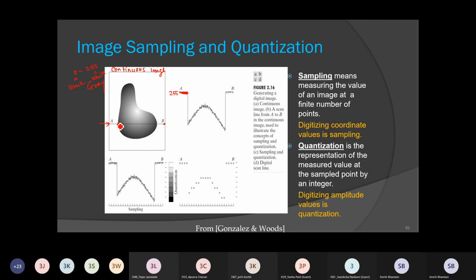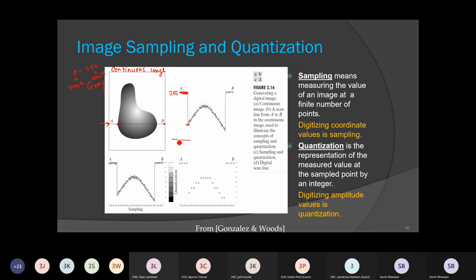Then suddenly the intensity value, or the gray shade, changes from white to something gray, a darker intensity value.